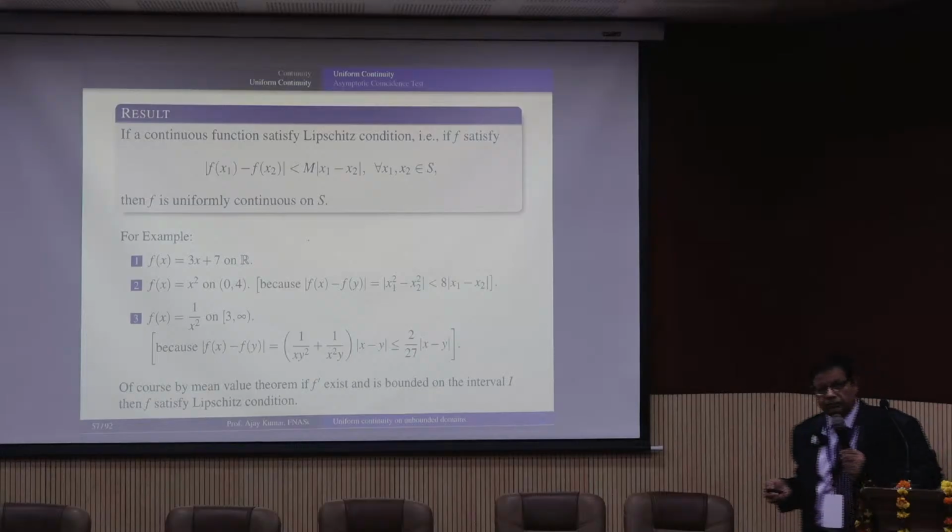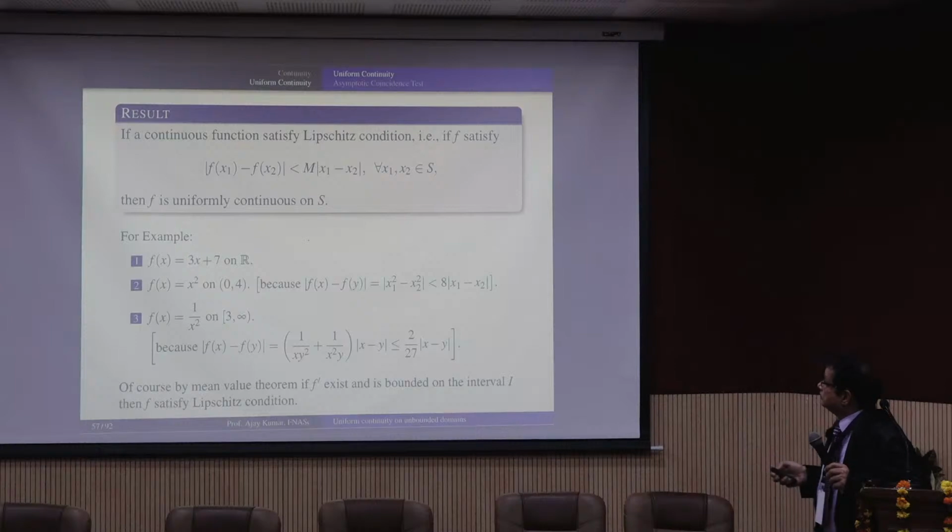Even now you can publish a sufficient condition under which a given continuous function is uniformly continuous. So here is a continuous function satisfying the Lipschitz condition, and if Lipschitz conditions are satisfied, then f is uniformly continuous. For example, 3x plus 7, x square, 1 by x square, and so on.